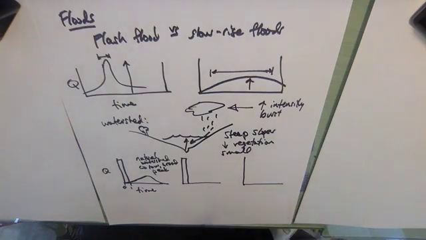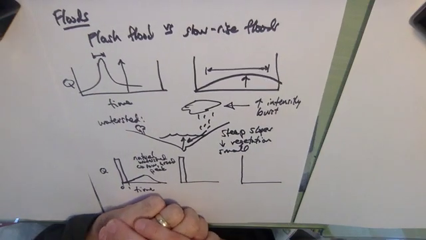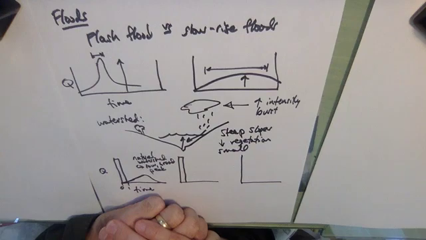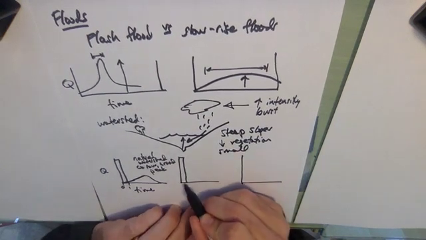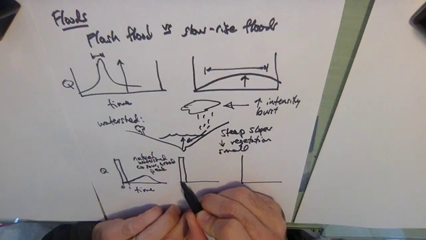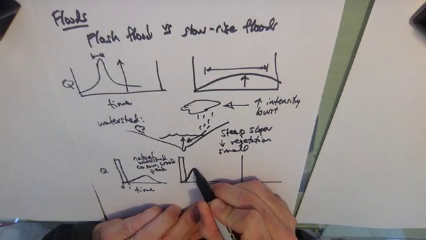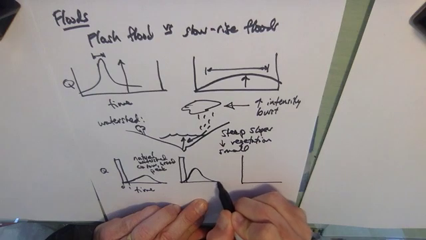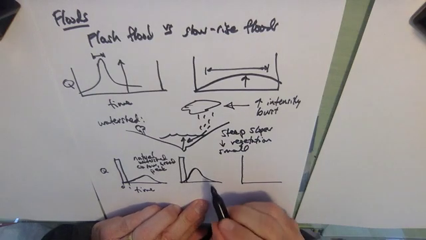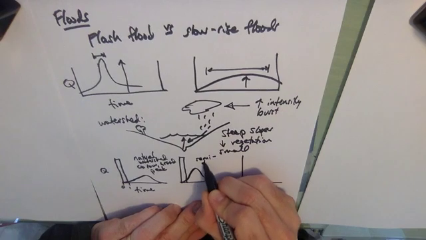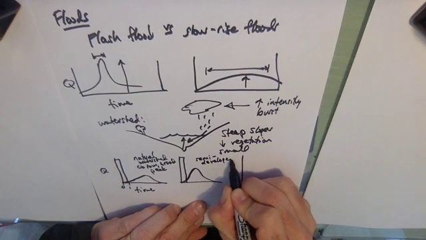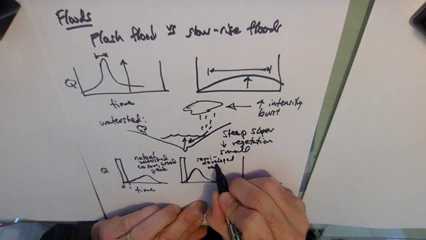Now, when the water hits the ground, it's going to be able to make its way more quickly off of the ground, over the ground, and into the stream. And so what we would see then is the same amount of water is going to be making it to the stream a little bit faster. The peak is going to be higher and shorter. So this would be sort of a semi-developed watershed.